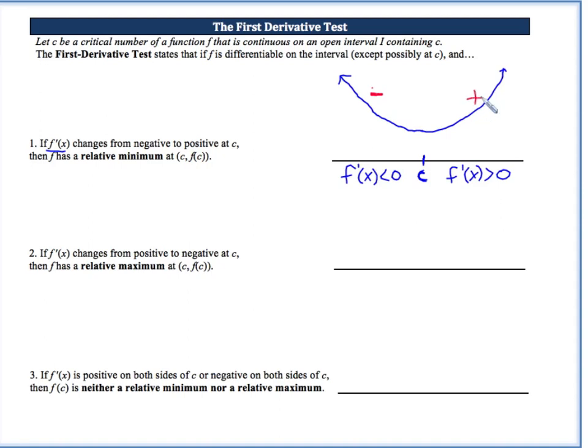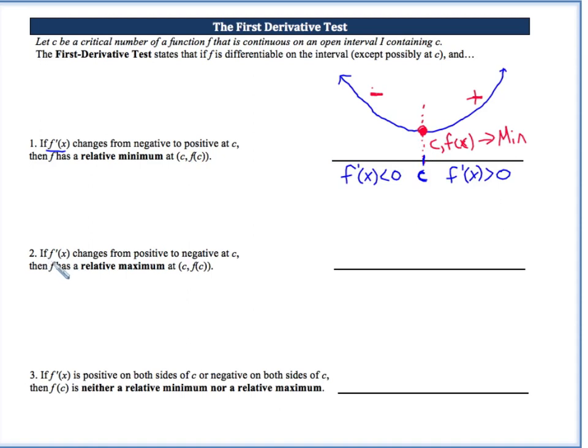And here, on this side, it's positive. So what does that tell us about this point, f of c? Well, we know that c, f of c, is a minimum. Okay, so it's negative to positive, we get a minimum.